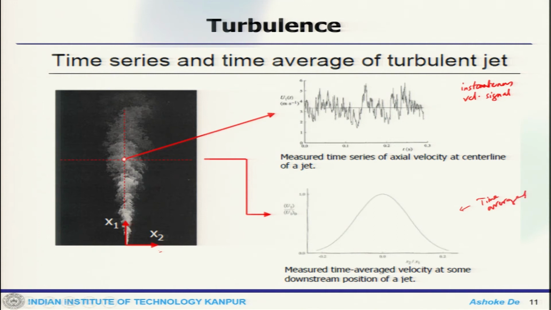The time averaged one will give you some sort of a mean profile at this particular location, and from the center line it will tell you, on either side of the z axis, how it spreads. Already we have seen for the laminar jet there are two important things one needs to know to characterize this kind of jet flow: the jet spreading and jet spreading angle, which is related to the jet half width.